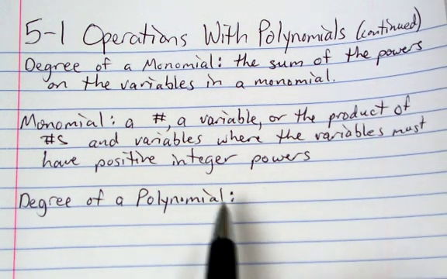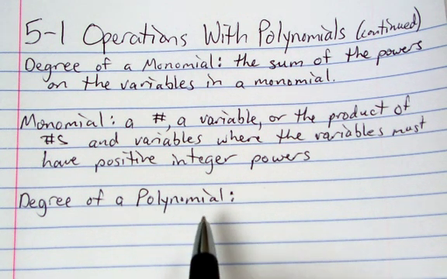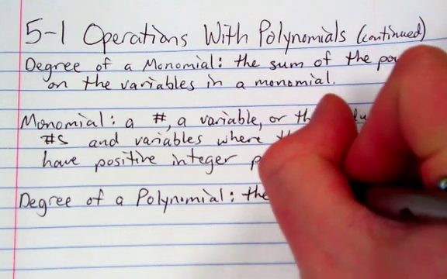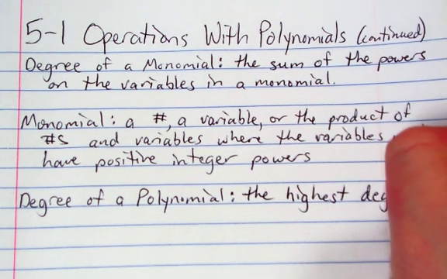So a polynomial is going to be several monomials that are being added together. Figure out the degrees of all of the monomials in a polynomial, and whichever one has the highest degree will be the degree of the polynomial. So the highest degree of its monomials.